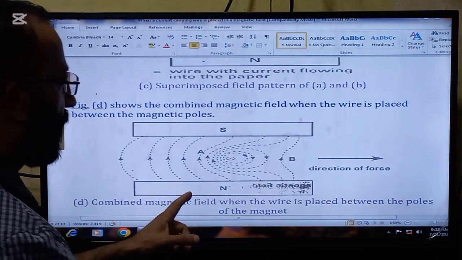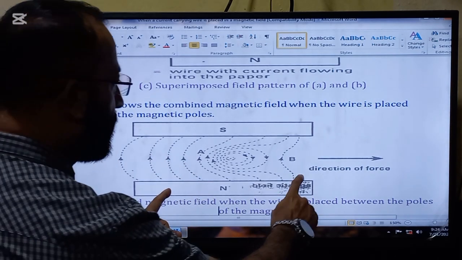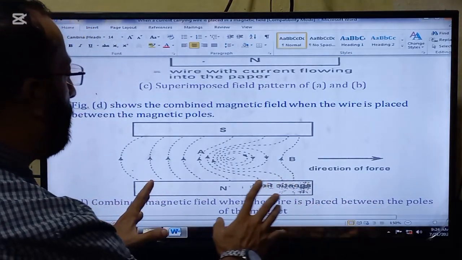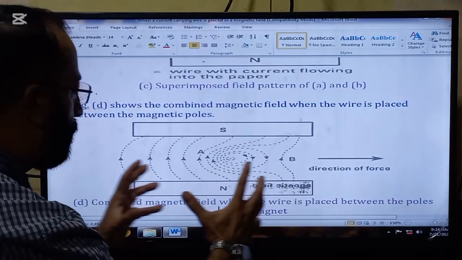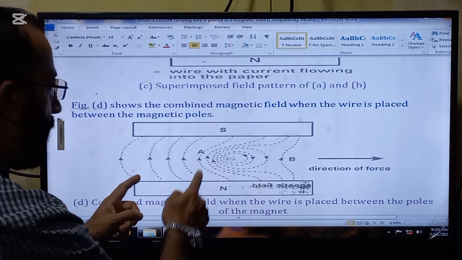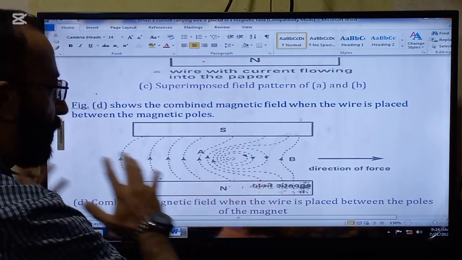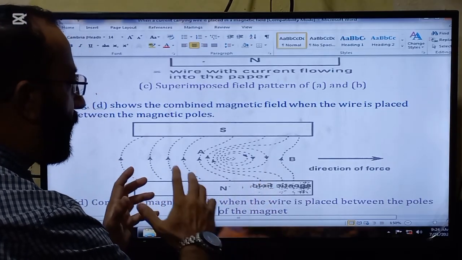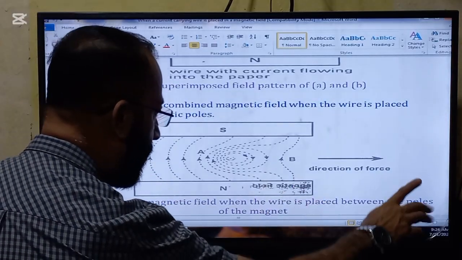Now you can see when the wire is placed between the poles of the magnet, this is the direction of the force, because the field due to the current squashes the field due to the poles of the magnet, and this squash will apply a catapult force on the wire. This is the direction of the force.